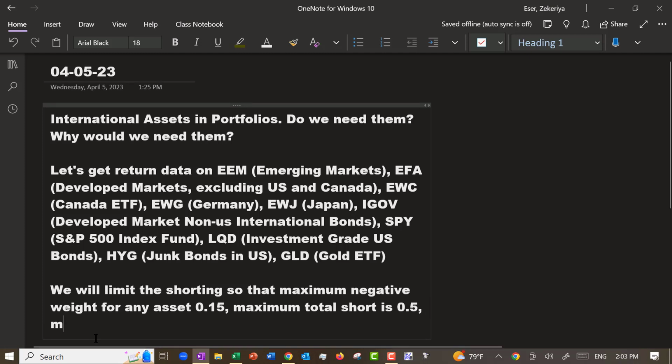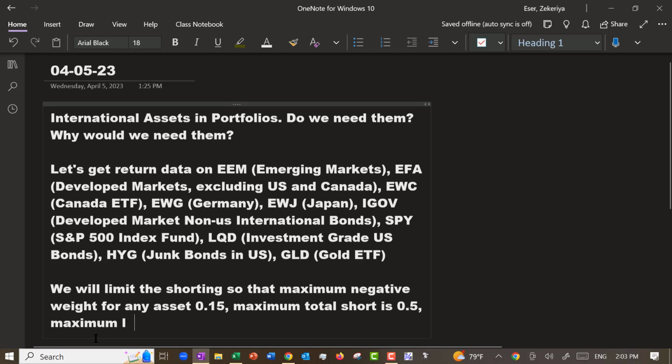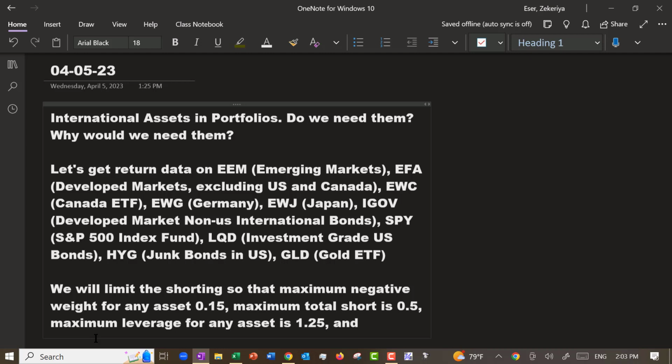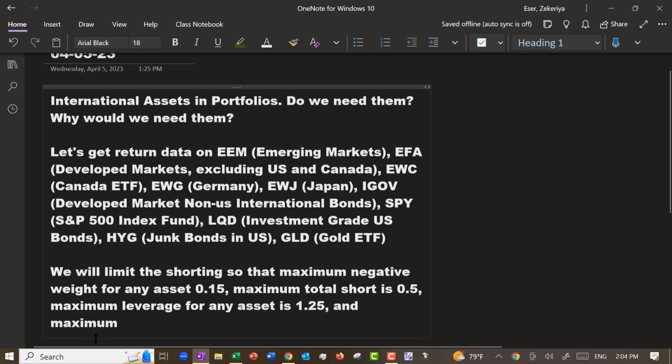Maximum leverage for any asset is 0.25. Oh, I'm sorry. Maximum 1.5, something like that.